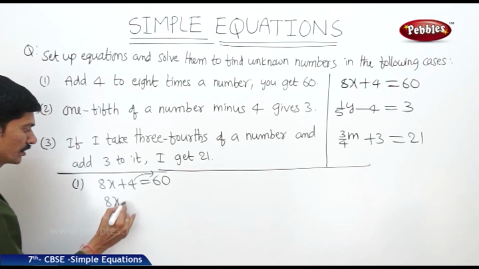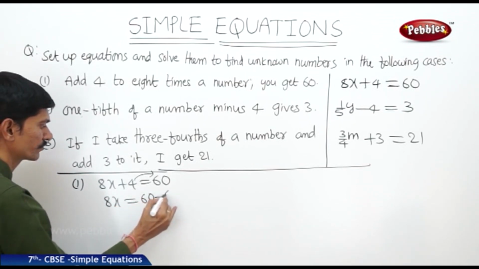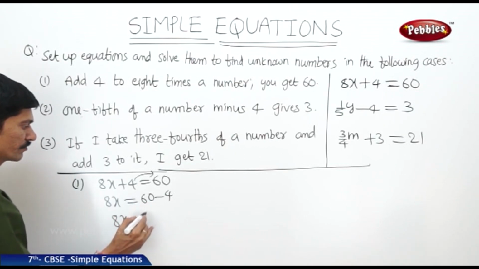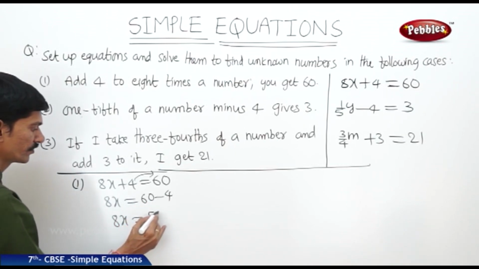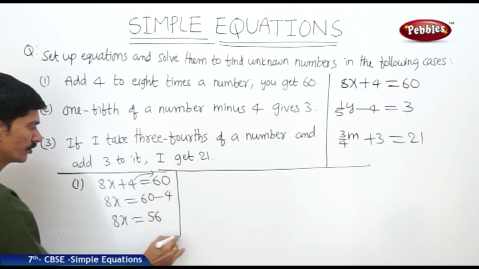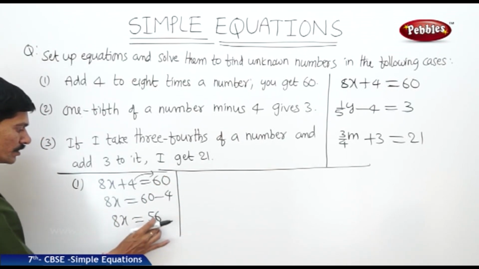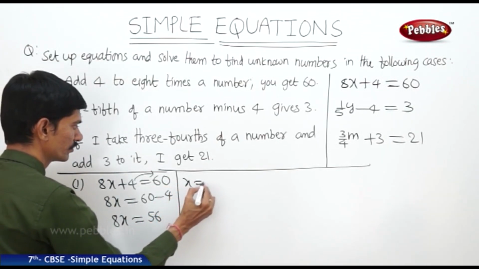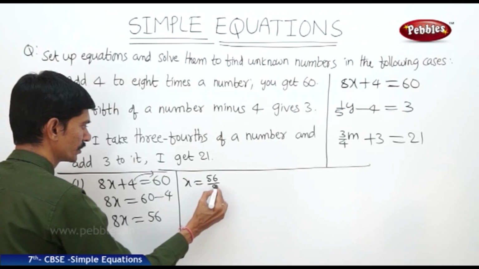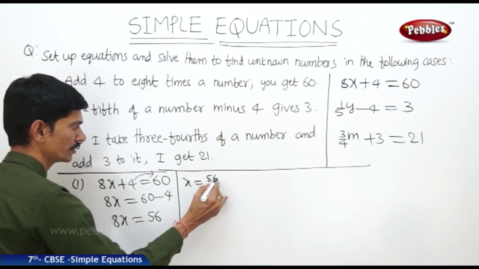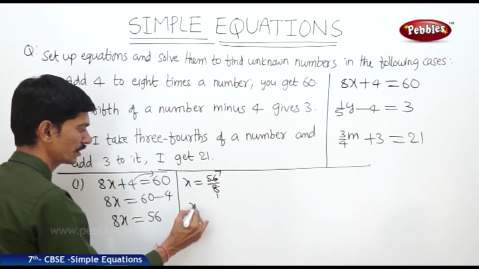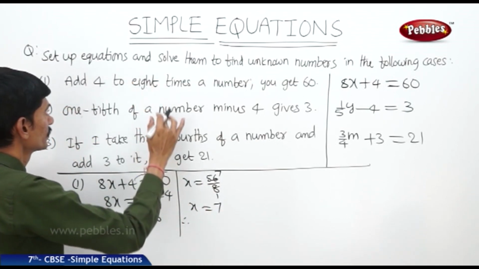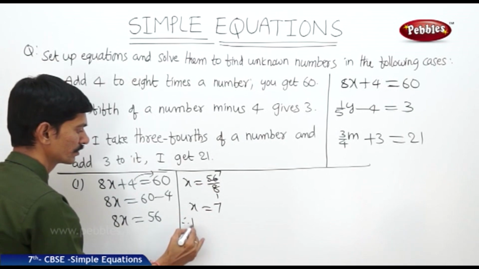So 8x equals 60 minus 4, which is 56. Now when you transpose into 8 to the RHS, it becomes divided by 8. So x equals 56 divided by 8. Here we can cancel: 8 ones are 8, 8 sevens are 56. x equals 7. Therefore the number is 7 in the first statement.